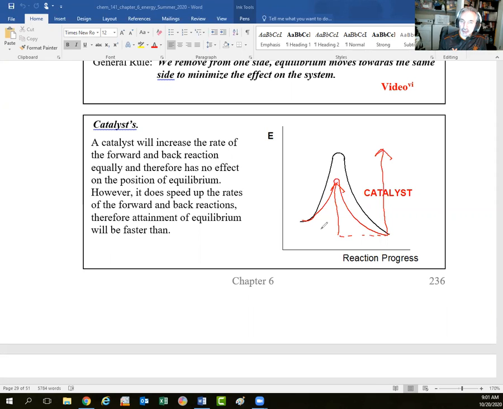We just reach that equilibrium point, that stalemate, faster. Catalysts will not affect the position of equilibrium because it lowers the energy of activation for both the forward and the back reaction.